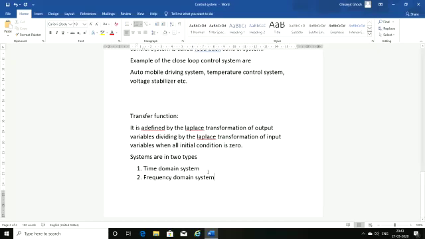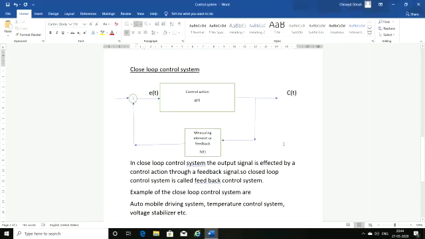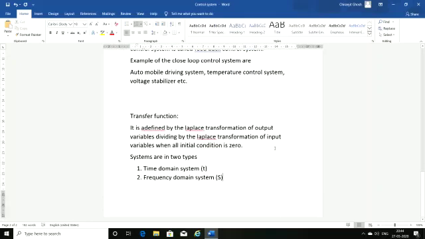The time domain system is denoted by small t, and the frequency domain system is denoted by s. A Laplace transformation is done in the frequency domain, which is called the Laplace transformation.